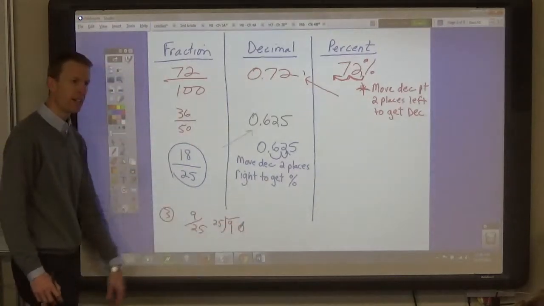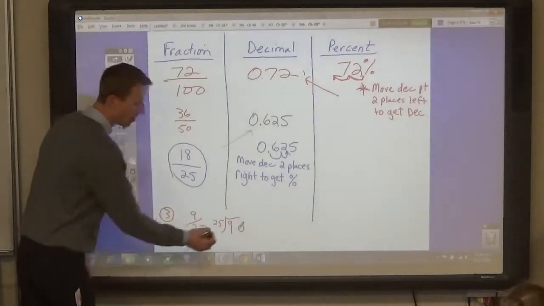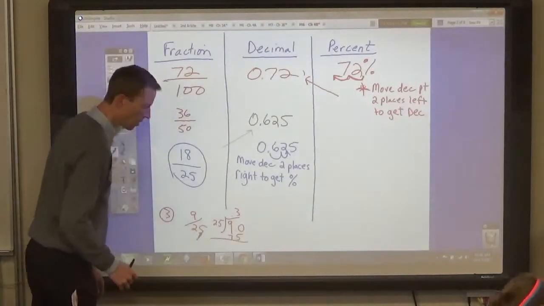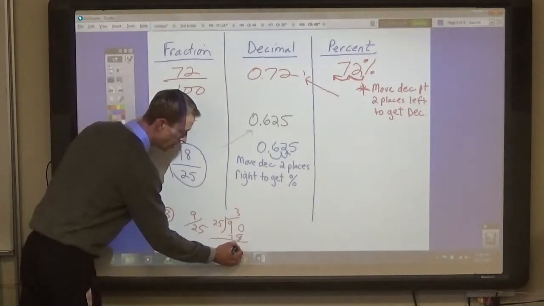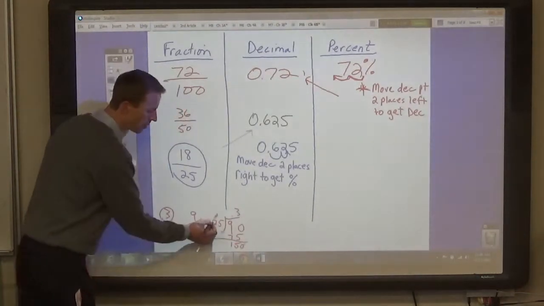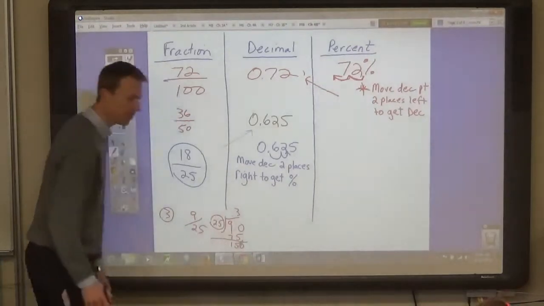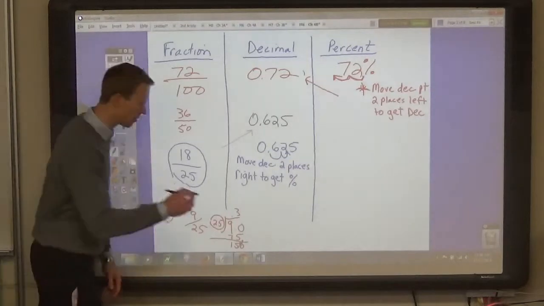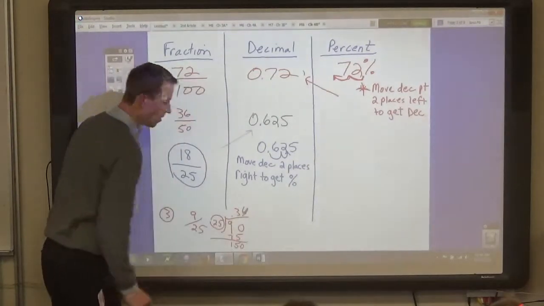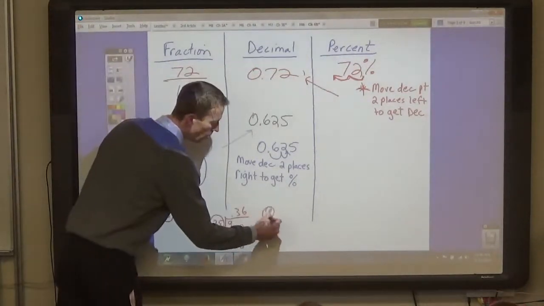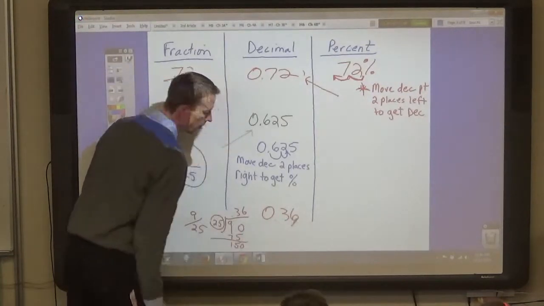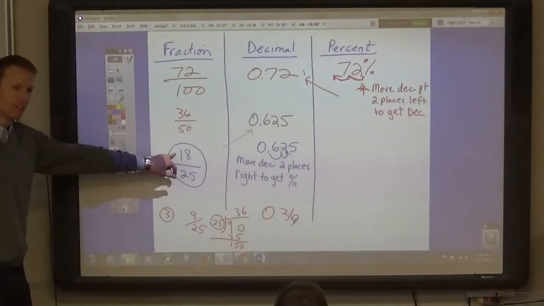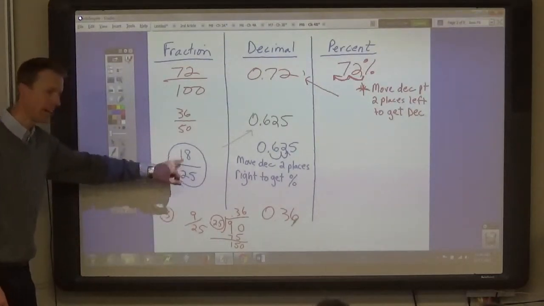25 has to go into 90 3 times. That's 75. Remainder 15. How many times does 25 go into 150? 6. Good. So it's 0.36. Remember I said this is half? 9 25ths is half of 18 25ths.